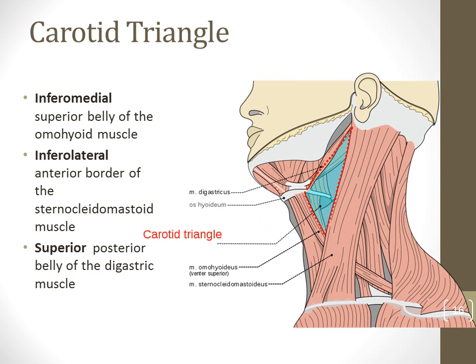The inferolateral border is going to be the anterior border of your SCM. The superior border is going to be the posterior belly of the digastric, which is innervated by what? Facial nerve, because the anterior belly is innervated by a nerve that comes from the trigeminal. In this case it's actually from V3 and it's called the nerve to the mylohyoid. Guess what else it does? The mylohyoid.